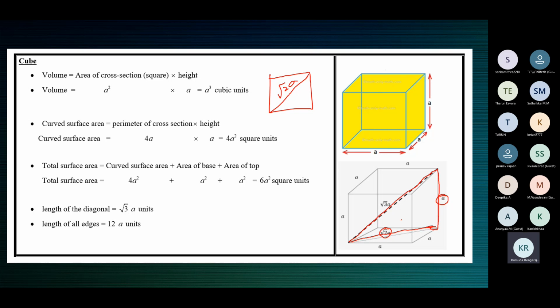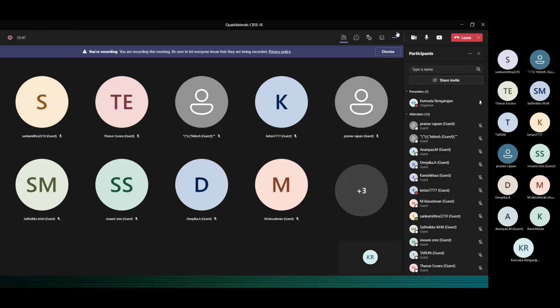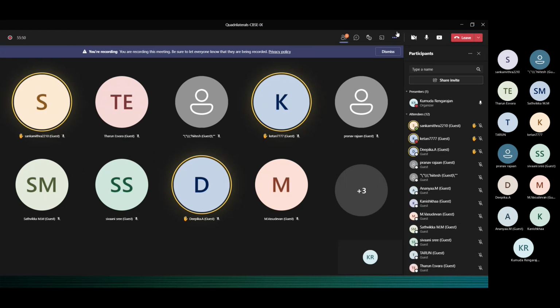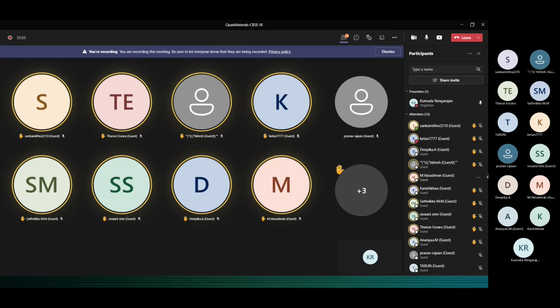Are the formulae clear, children? Class, use the emoji. Raise your hand. Tarun, Chennai, are you there?